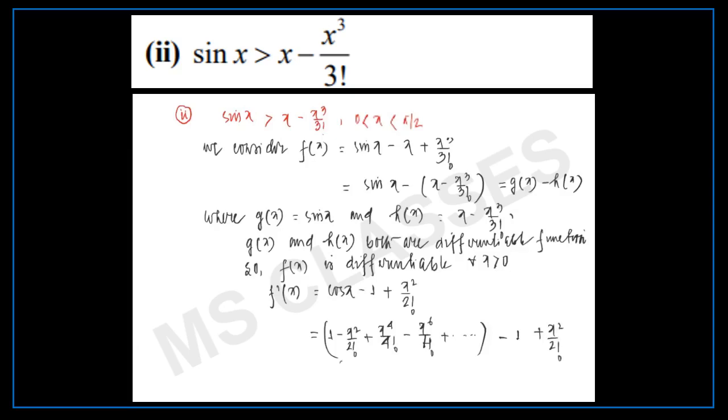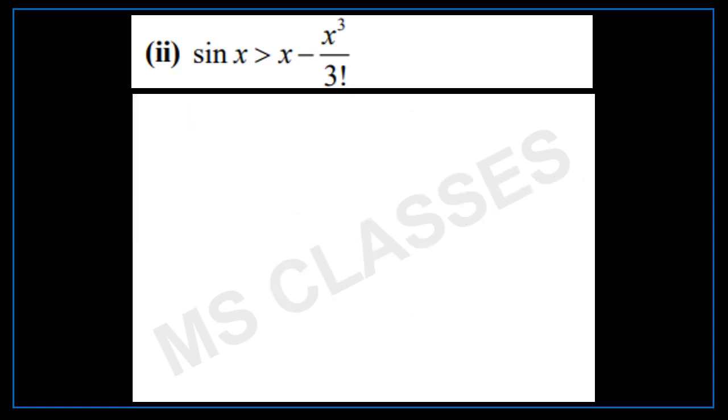And that gives us x to the power of 4 by 4 factorial minus x to the power 6 by 6 factorial and so on. Now, this whole thing is definitely greater than 0 for x greater than 0. Therefore, f dash x greater than 0 when x greater than 0.